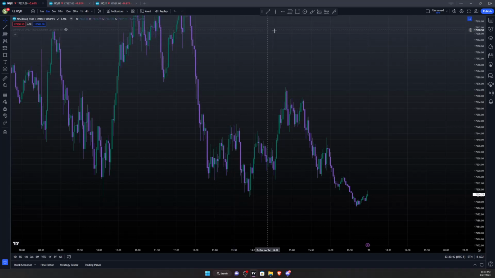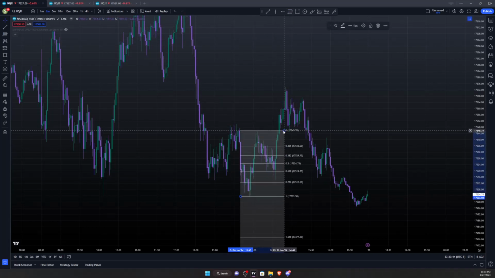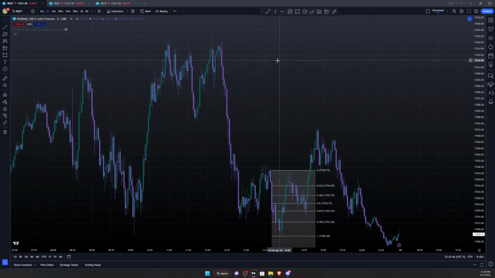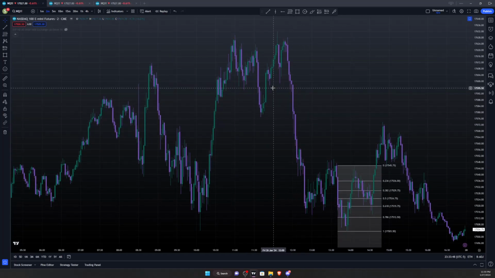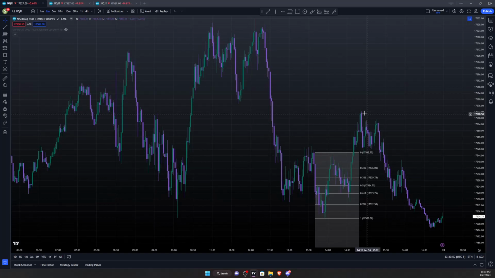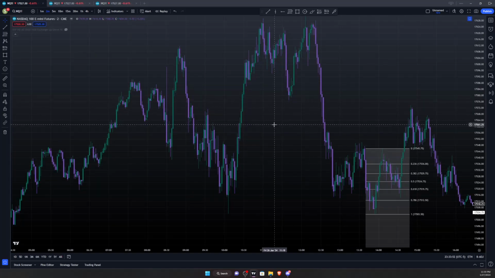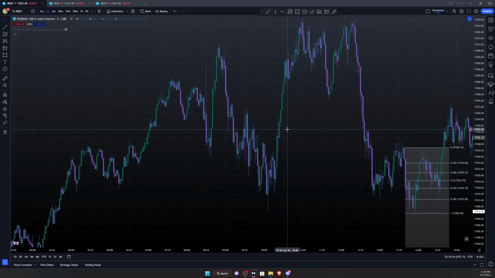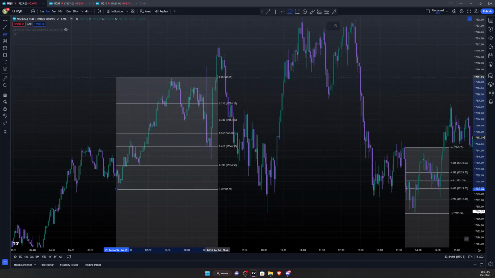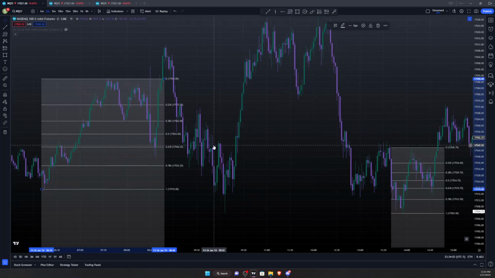Over and over, I'm going to leave these examples. Look at this. 0.618, right? And from this high to this low, 0.618, right? From this low, right here, to this high, where did it come back to?